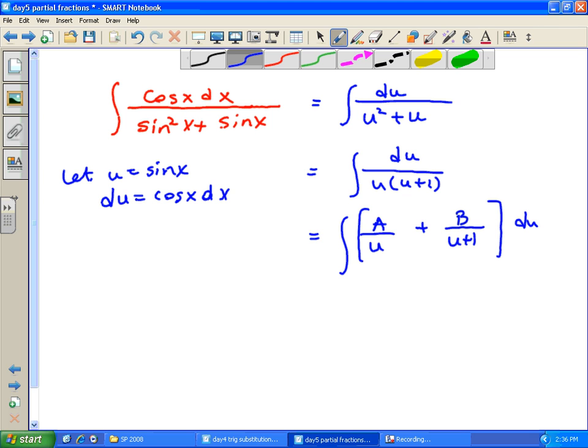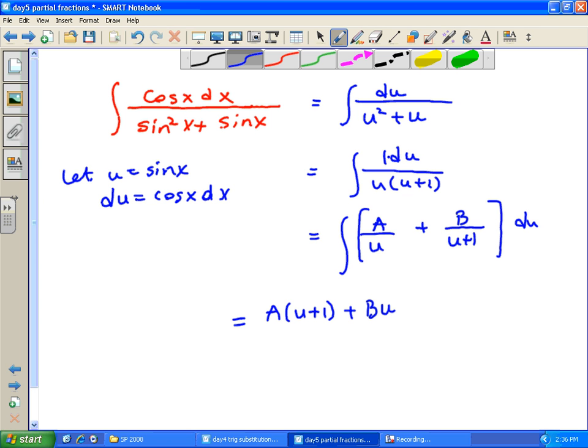And again, as always, we need to get common denominators. So multiply the first fraction, top and bottom, by u plus 1, and the second one by u. And since the denominator of the right-hand side will be the same as the denominator of the left-hand side, we just set the numerators equal. And right now, the left-hand side is really the step above, where you have just 1 on the top.